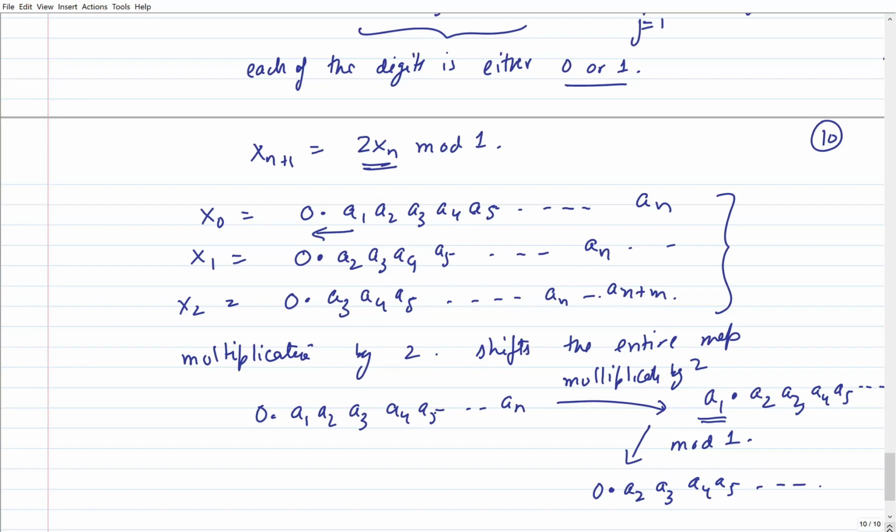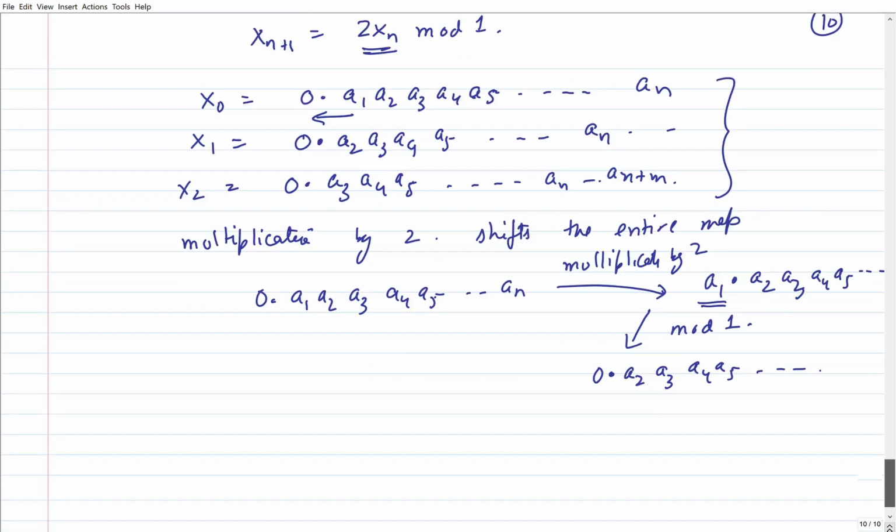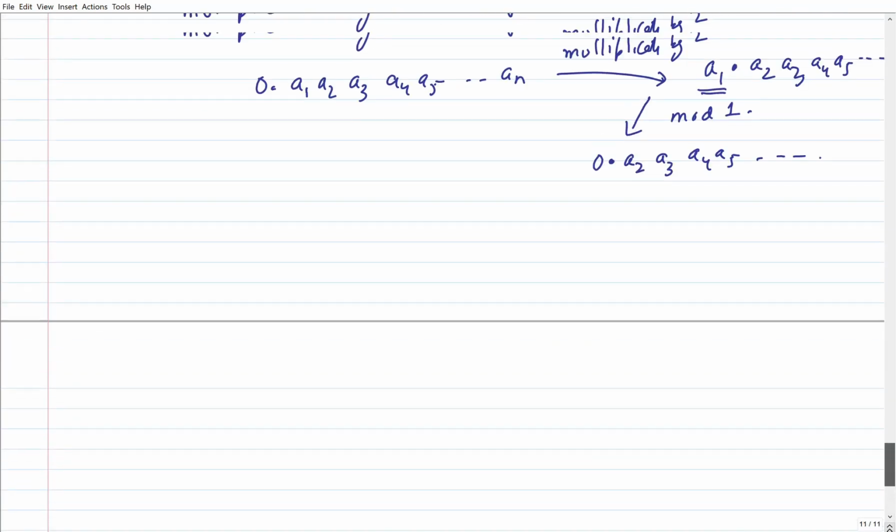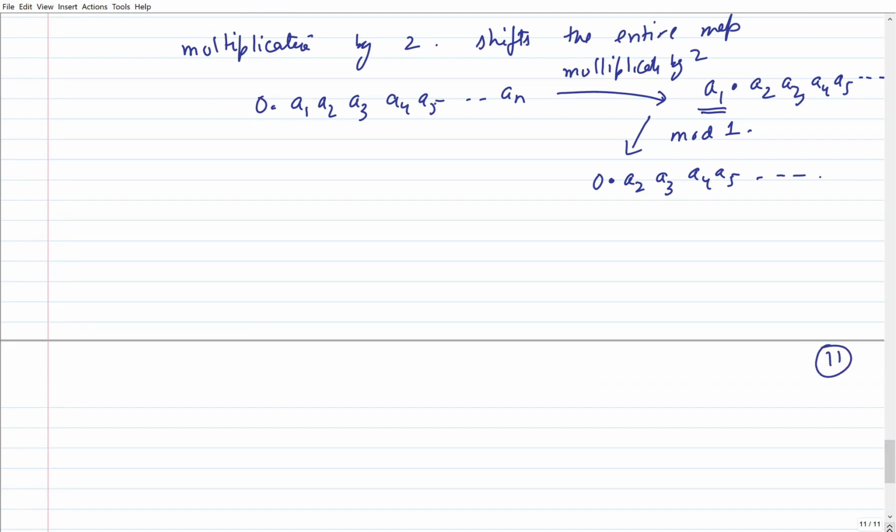This entire sequence of process is what is known as a Bernoulli shift, and that's why the map on the circle is called the Bernoulli shift map.